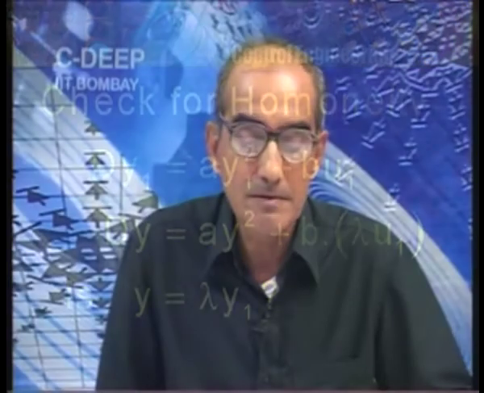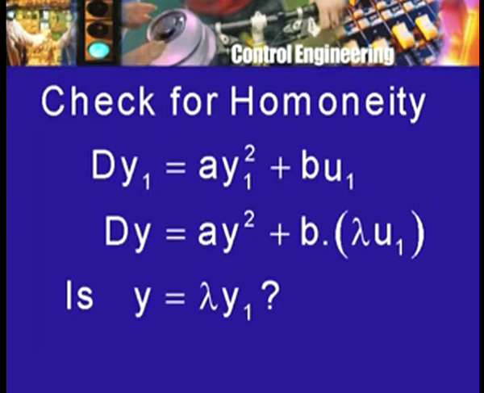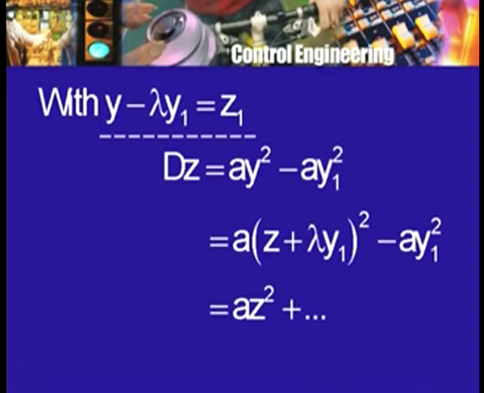Now, in this case it is not too difficult, although, as you will see, it does involve some trouble. So, going by what we did earlier, I will take this equation, and from that I will subtract lambda times the first equation, and calling the difference y minus lambda y1 equal to z, then I will get d of z equal to a y square minus a y1 square, because the u1 term disappears.